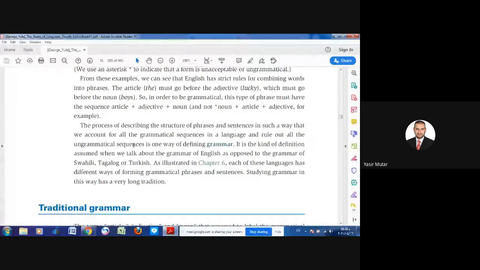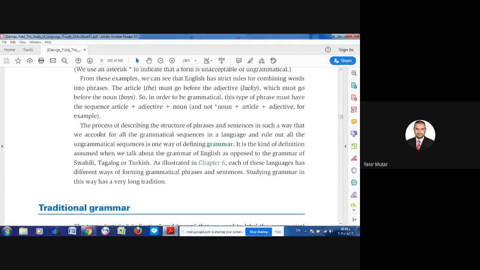If you have got your text box, please underline this. This is the definition of grammar.